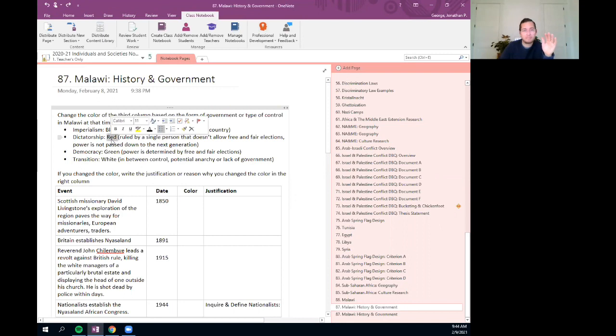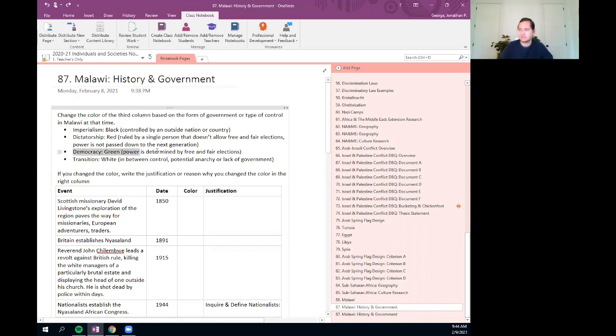You can make that box red if it represents a dictatorship at that time in Malawi's history. That means they were ruled by one single person or party, and there are no free and fair elections. Okay, it doesn't mean you can't go every 4 years to the polls to vote and select your leader. Okay, and also power is not passed down to the next generation. Remember, that would be a monarchy.